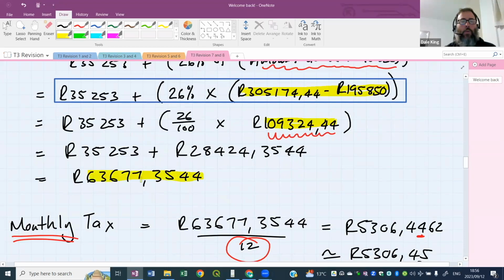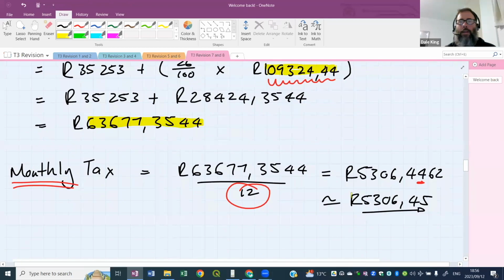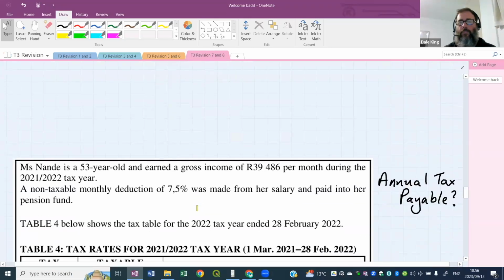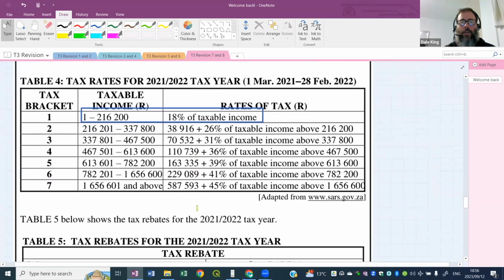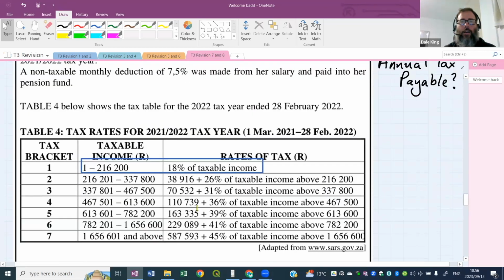But they want monthly. This is how much you pay in 1 year. So for monthly, we have to cut that up and divide it by 12 to get a monthly figure. So that's why we divide by 12, because they wanted monthly when the tax table works with annual values. So in the end, you've got to divide by 12 for monthly. Does that make sense? All right, pleasure.